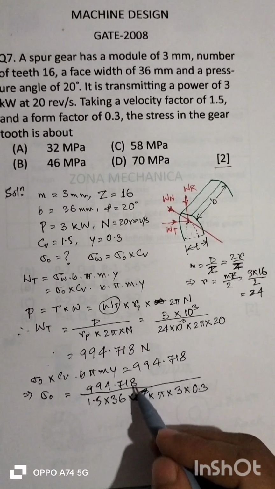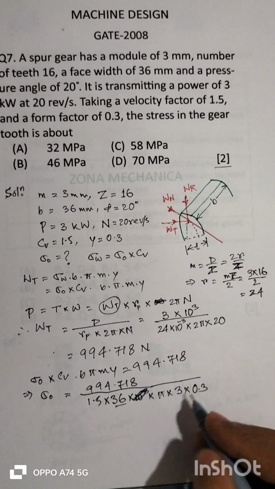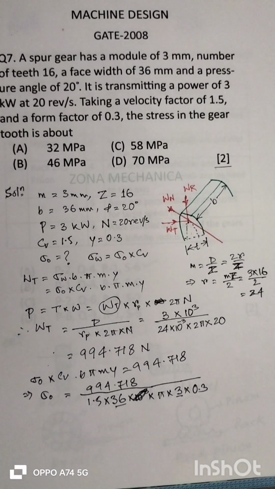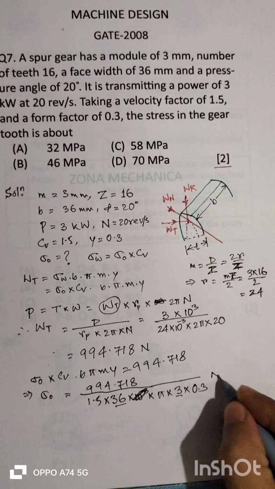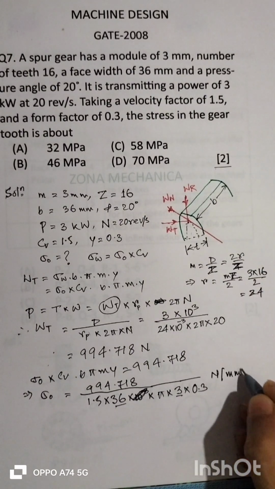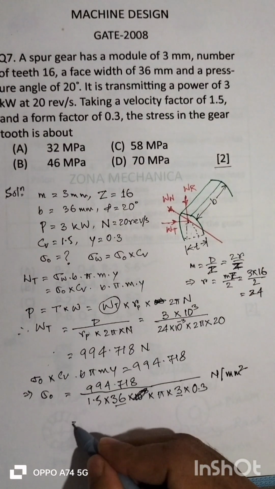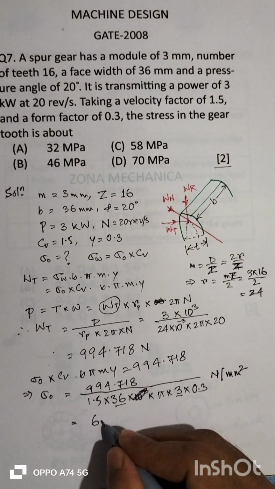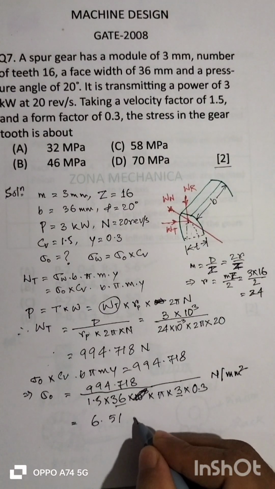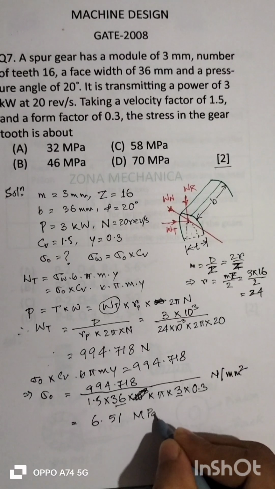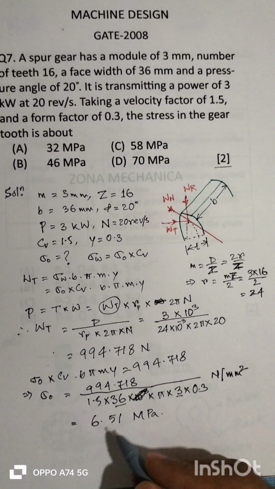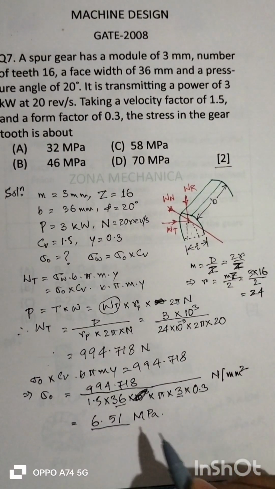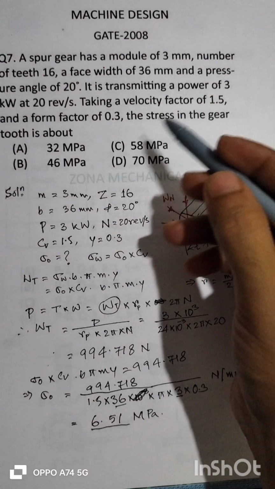Clearly this is in Newton and this is in square millimeters, so we get Newton per square millimeter. This will give some 6.51 MPa. So this is the stress asked to find out here.